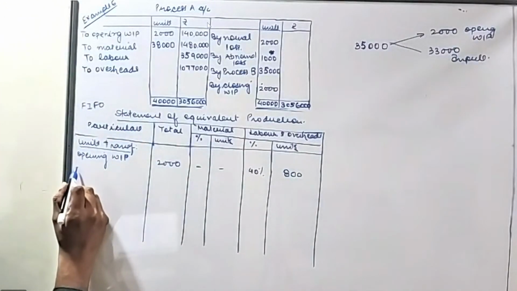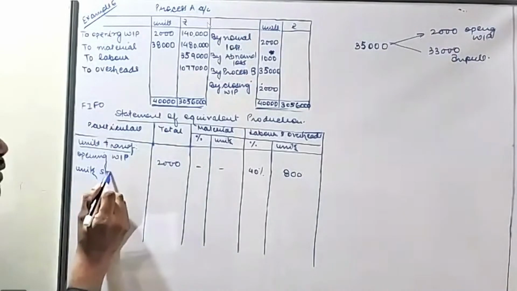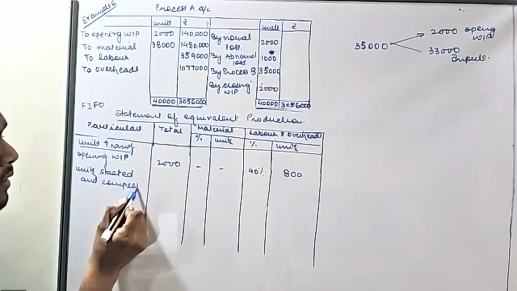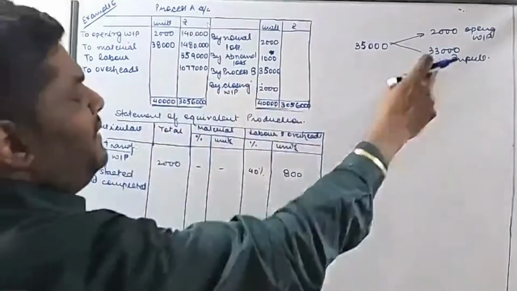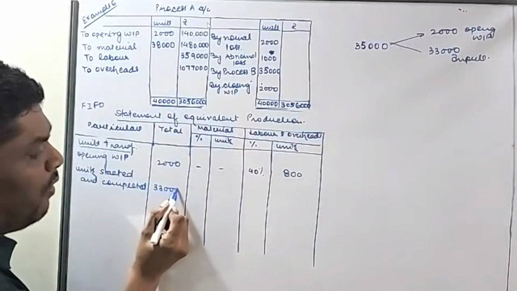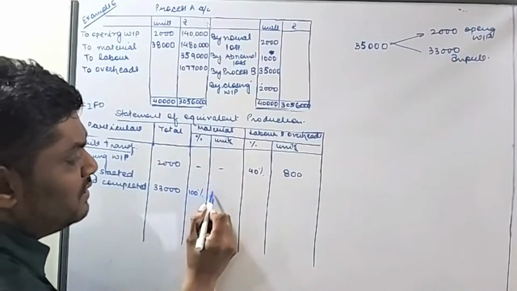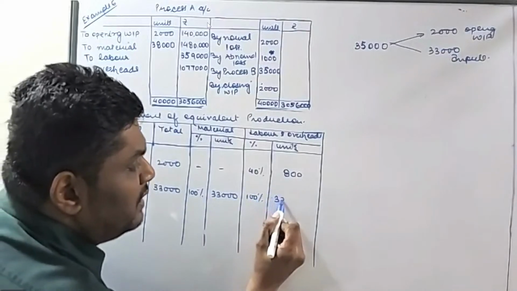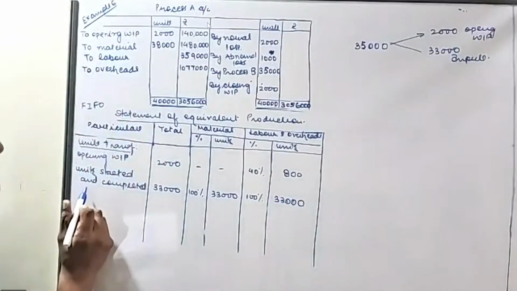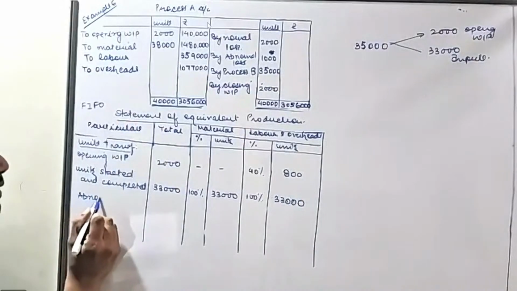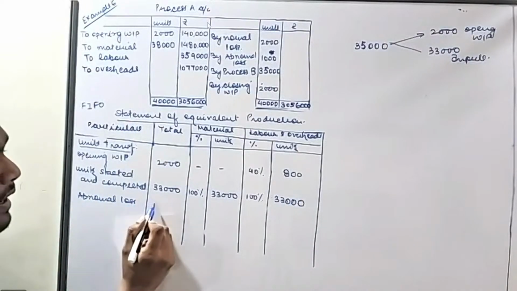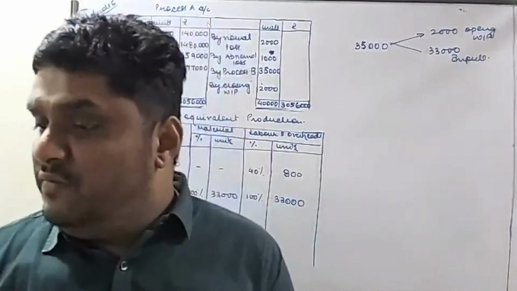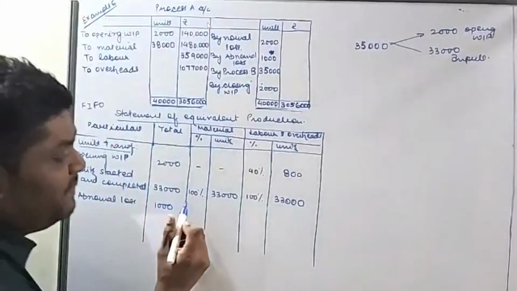Next is units started and completed. How many units started and completed? 33,000. So 100% processed, 33,000. Thereafter, abnormal loss, it is of 1,000 units. And the percentage of completion for the units that are scrapped is 100% and 80%.